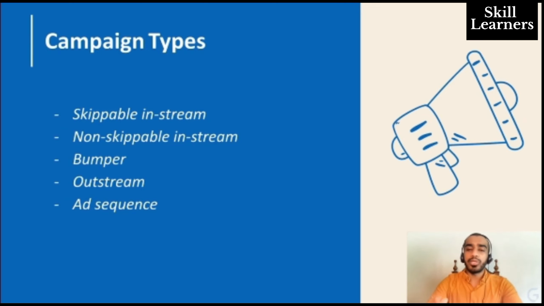This skip ad button comes after 5 seconds post the ad being played. This can be used to drive some awareness or drive traffic to your website. That's your choice on how you want to implement it, or what objective you want to use skippable in-stream ads for. But this is a format that is widely used across businesses.